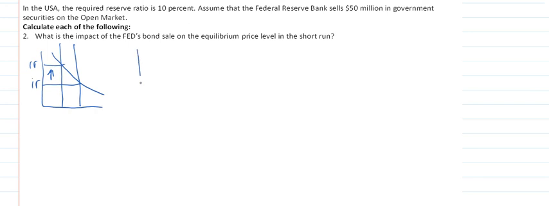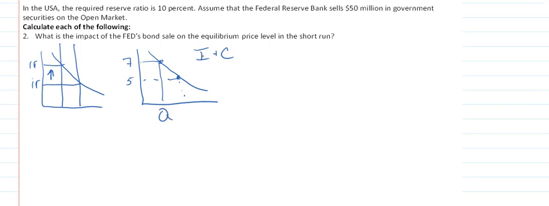So if interest rate goes up, we know, if this is investment and consumer spending, right, we know that if the rate goes up, the quantity of investment and consumer spending is going to go down. So I'm just going to graph it because it's easier to graph, right?